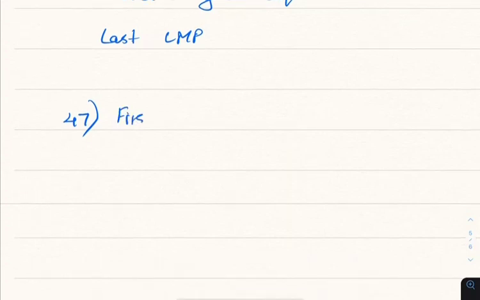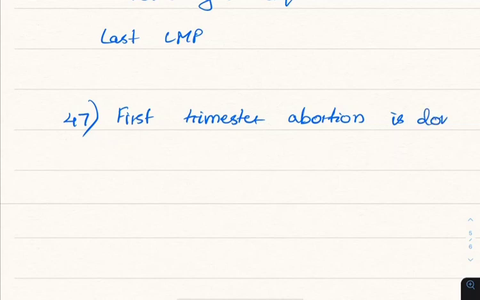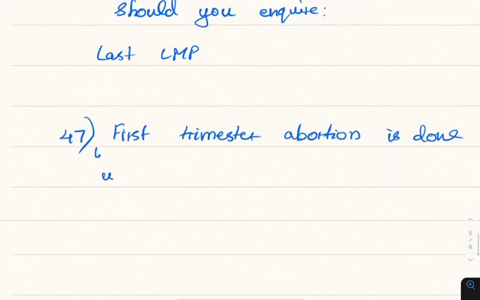First trimester abortion is done with all except.